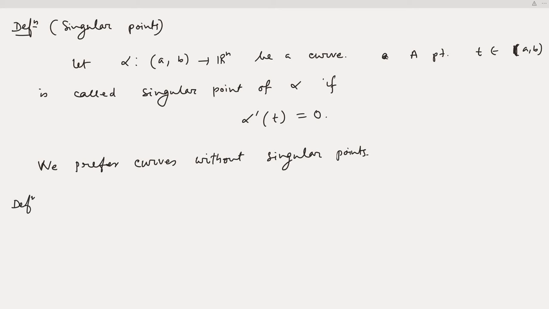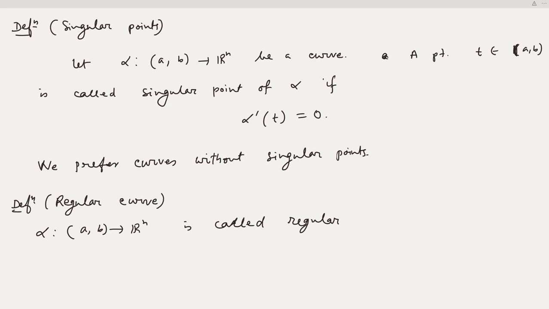So definition: if alpha is a parameterized differentiable curve from the open interval (a, b) to R^n, it is called regular if it has no singular point, that is, alpha prime of t is not equal to 0 for all t belonging to the domain, the open interval (a, b). Okay, so this is the definition of regular curves.